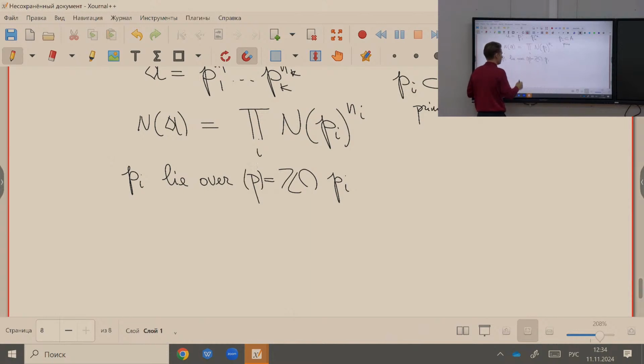For each P, there is only a finite number of primes lying over it.